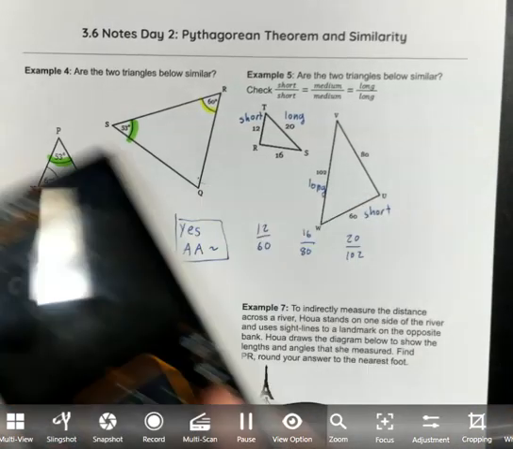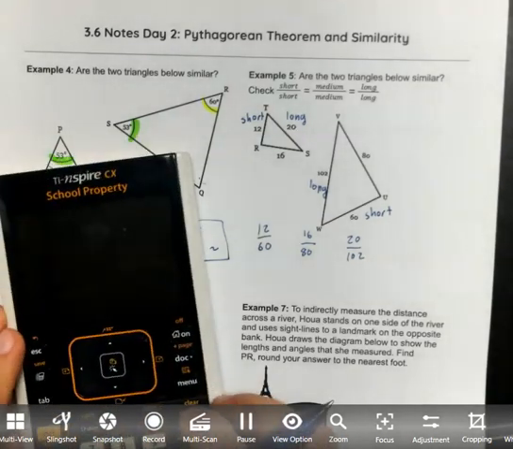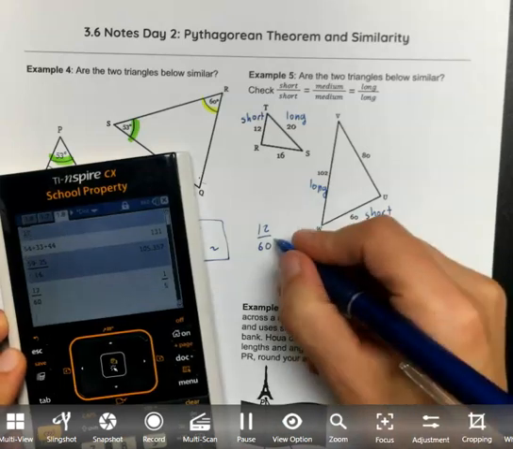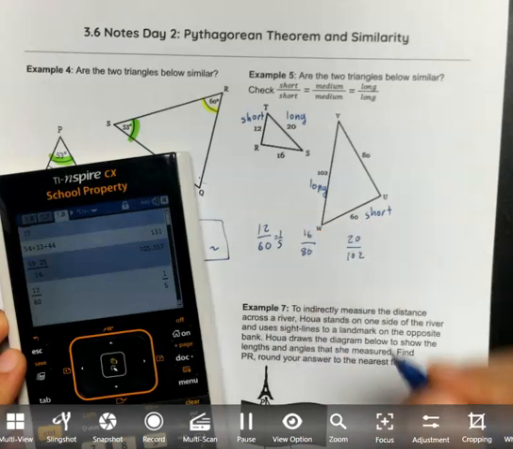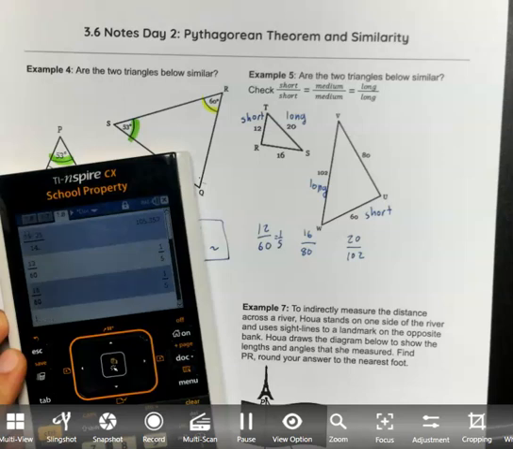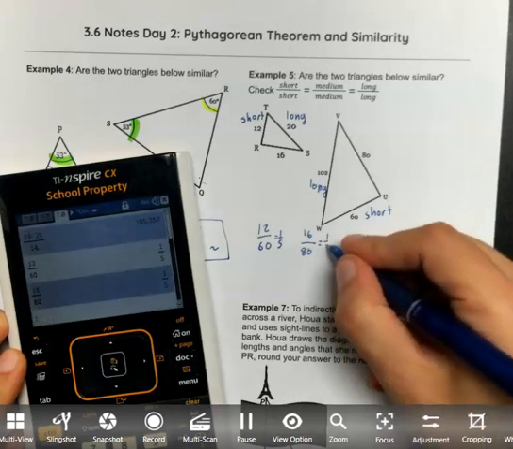All right, we put all three of those in the calculator. So 12 divided by 60. My calculator says this is 1/5. 16 divided by 80. My calculator says this is 1/5.